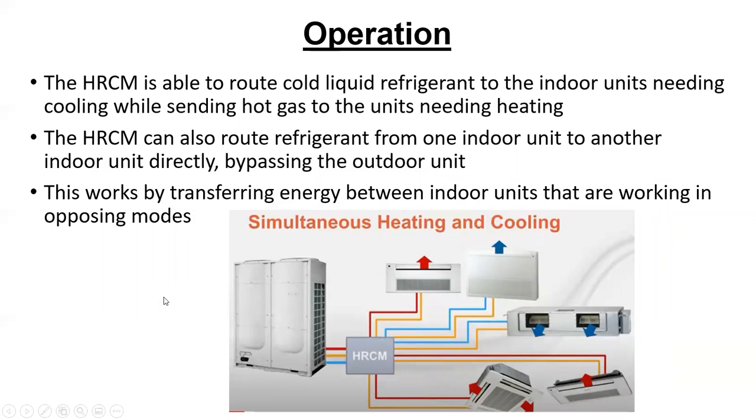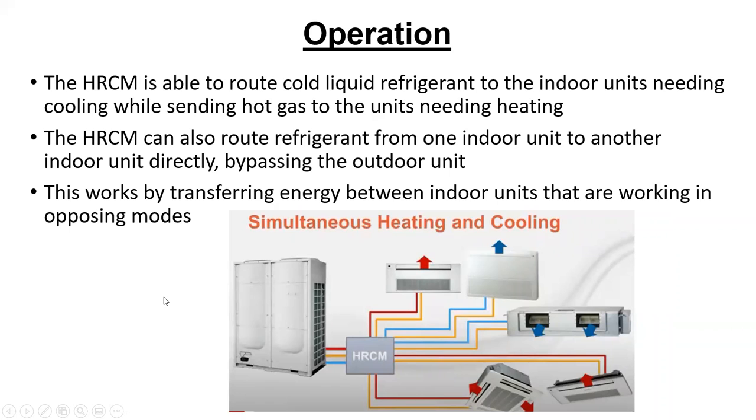The HRCM is able to route cold liquid refrigerant to the indoor units needing cooling while sending hot gas to the units needing heating. The HRCM can also route, now this is cool, refrigerant from one indoor unit to another unit directly, bypassing the outdoor unit.